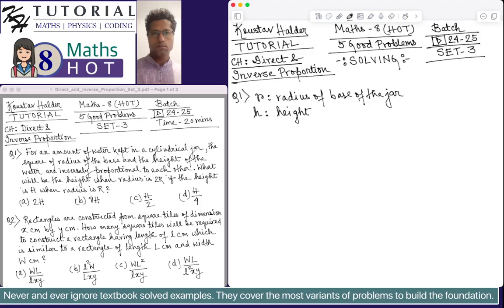Now the radius, no units are given, so we need not consider any unit, and let's say small h represents the height of the water in the jar.